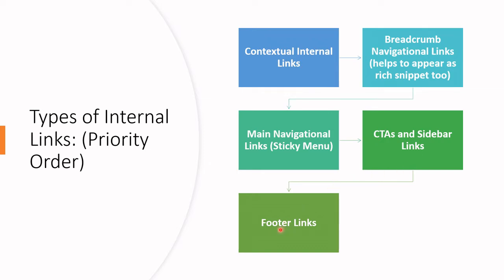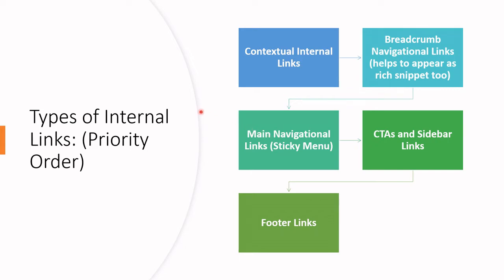So in most cases on your website, within the content, you must use relevant internal links with relevant anchor text pointing to the other important pages on your website. And most commonly, you can use the main navigational link, the menu link, to your most important value pages, that is your service pages or your product pages, which are going to have higher conversions.